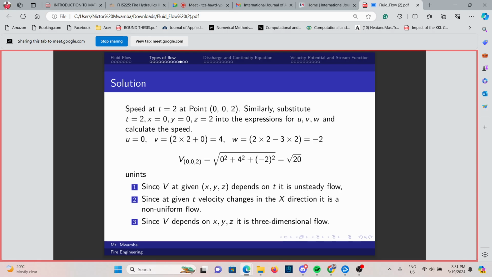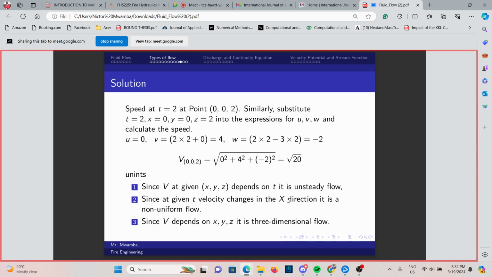The next one is whether it is uniform or non-uniform. For steadiness, it is time. For uniformity, it is space. Since at a given time t, the velocity changes in the x direction, it is non-uniform, because this velocity is dependent on space.